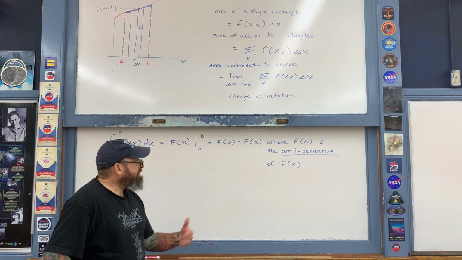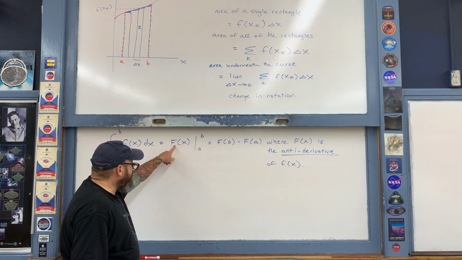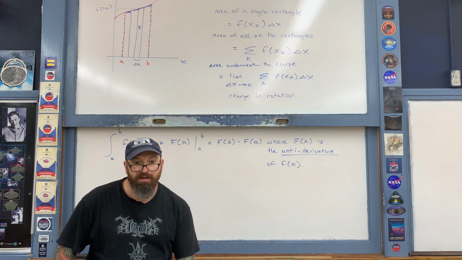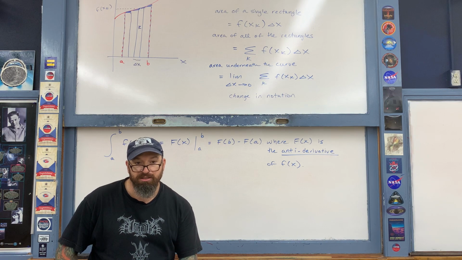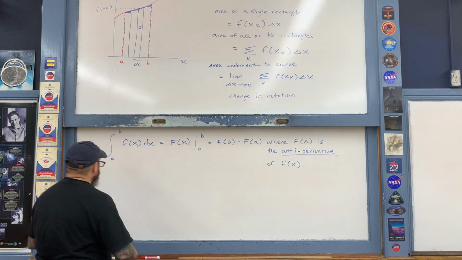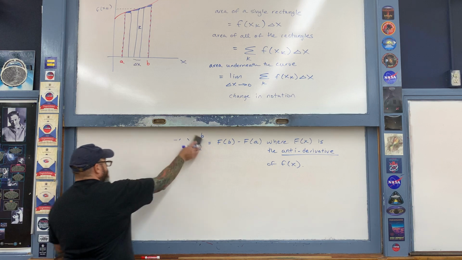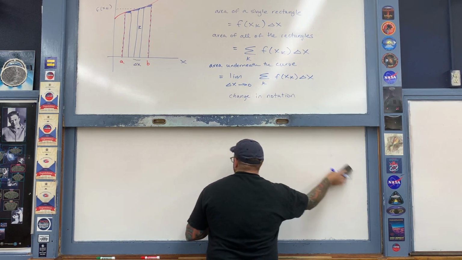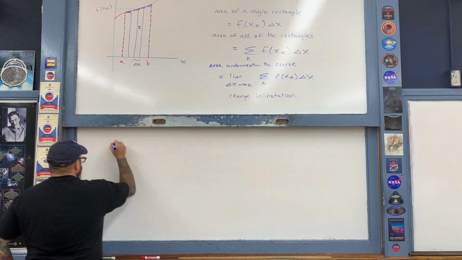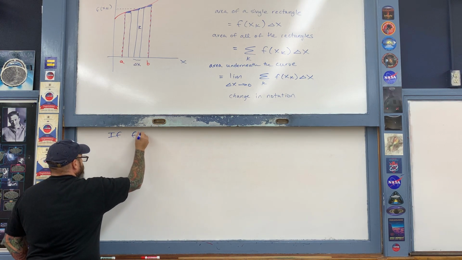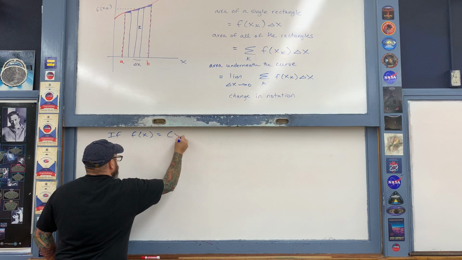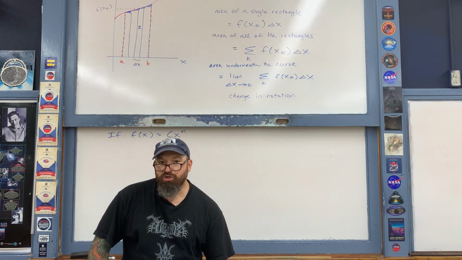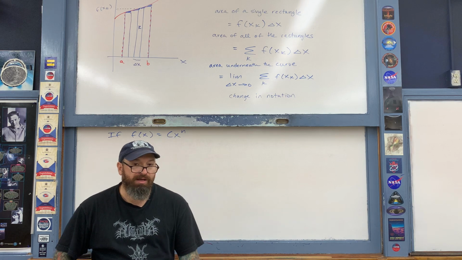Now for simple polynomials, how do you find this new function called the antiderivative? It's the reverse process of differentiation, and it's the following. Okay, let me do some erasing. So let's say that we have a simple polynomial like so. There is a restriction, however, for this polynomial.